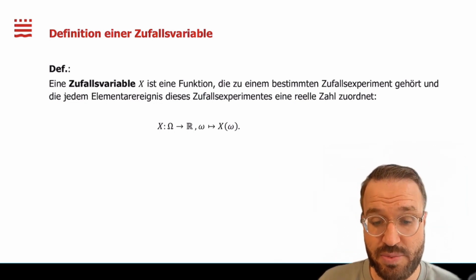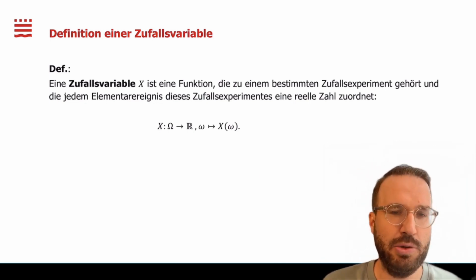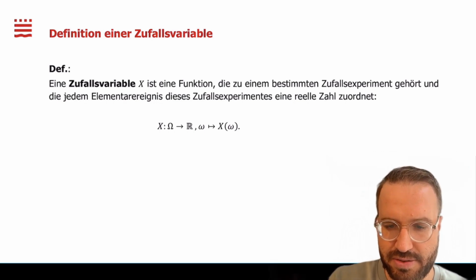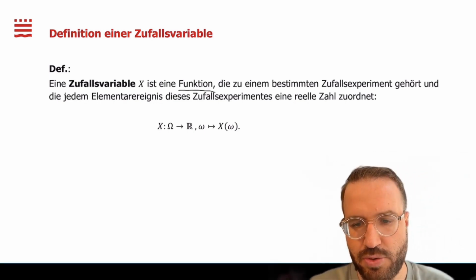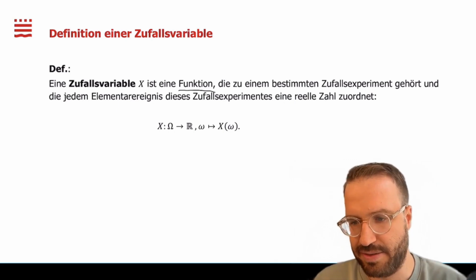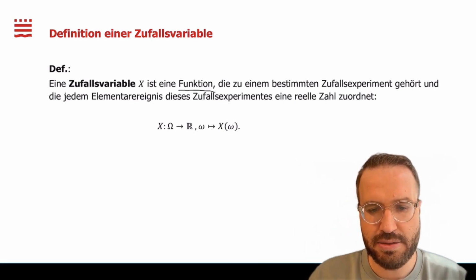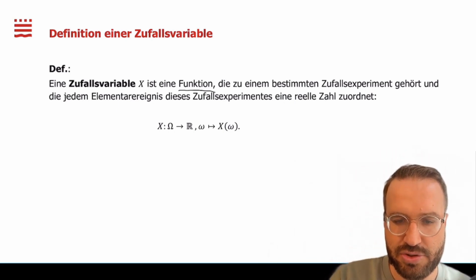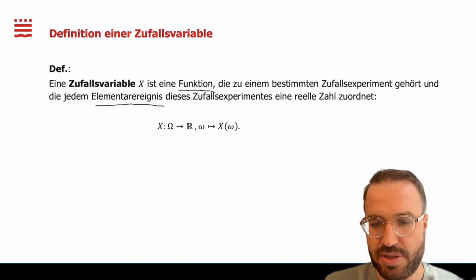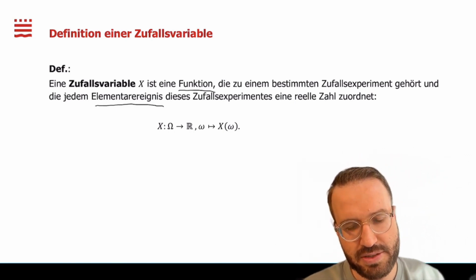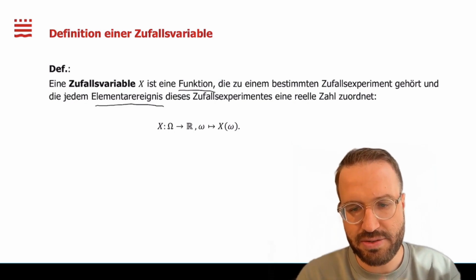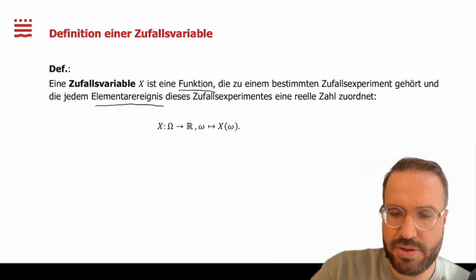So a random variable is not a classical variable, but rather it is a function. It is therefore a function that belongs to a random experiment and can assign a real number to each elementary event of this random experiment, that is, to each element from omega.